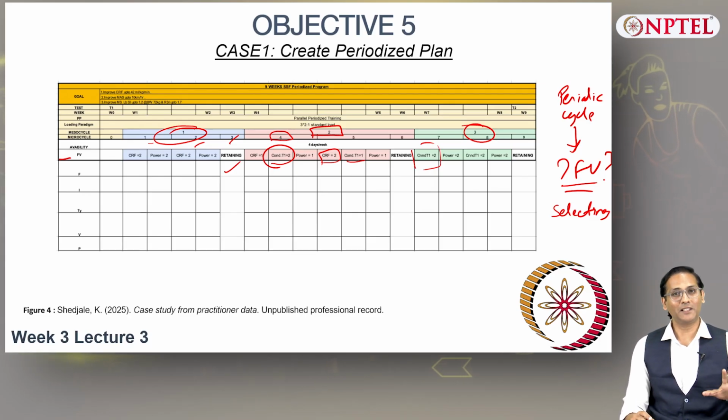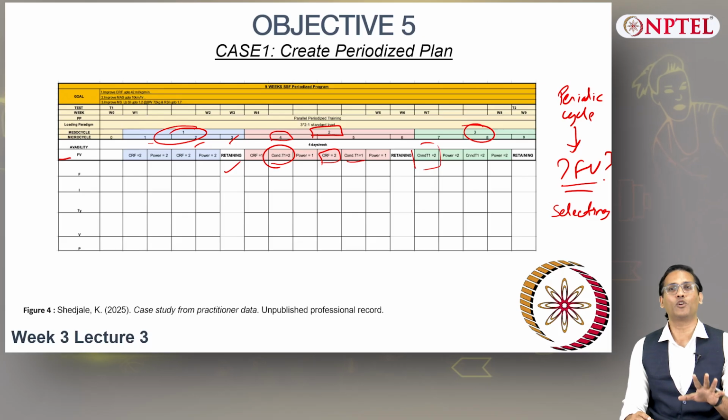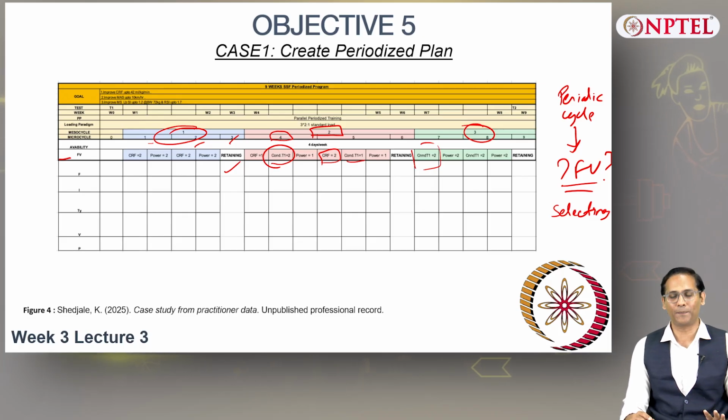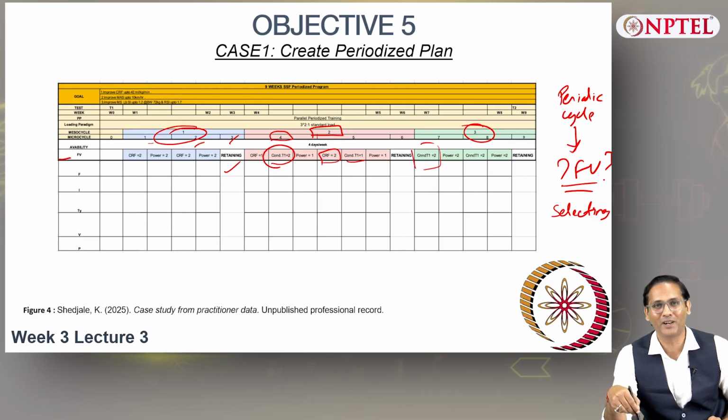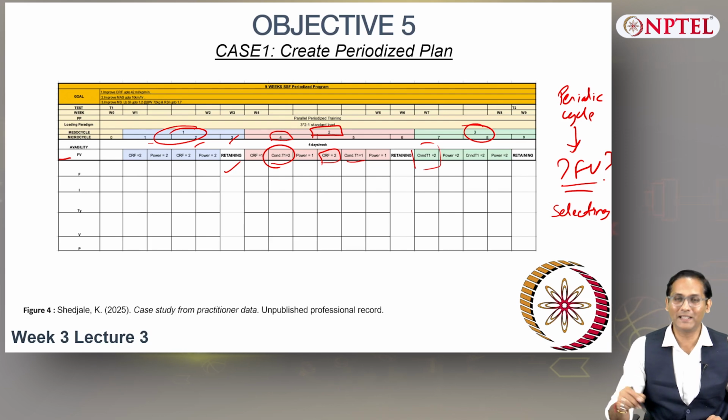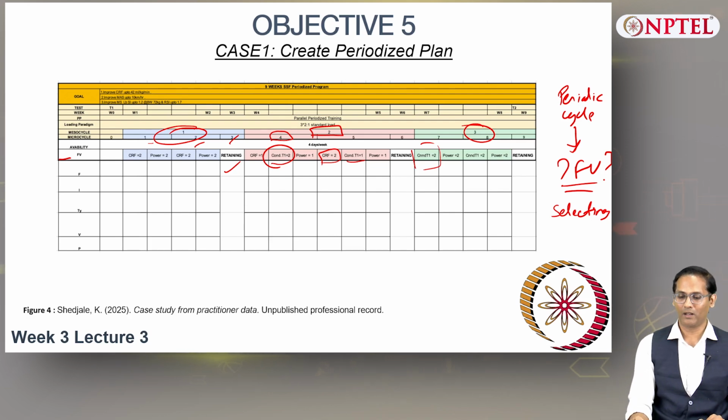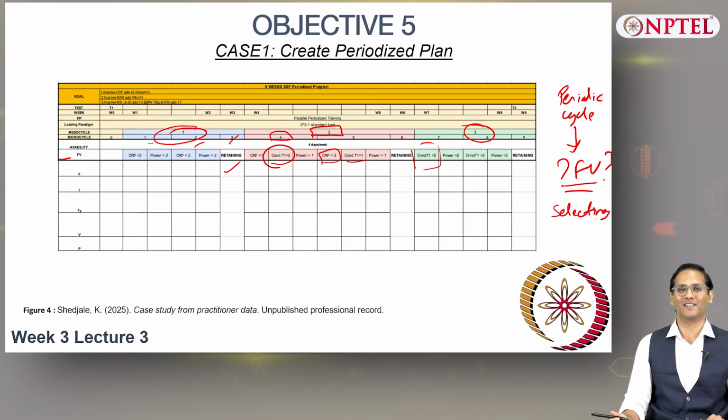So this is more than enough for aerobic capacity adaptation to happen, so that a higher volume of cardio conditioning can be given and intensity can be progressed by each week, by each training cycle.